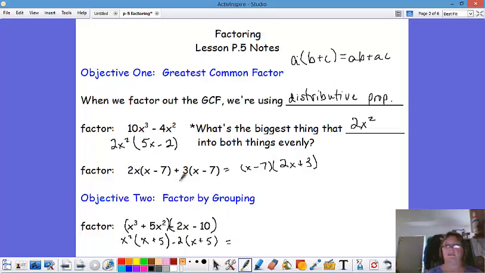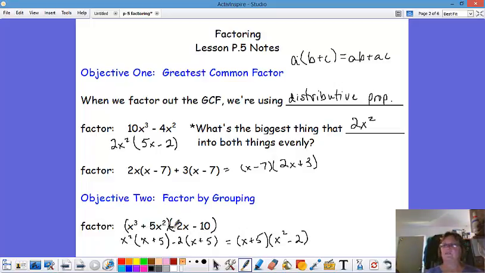This problem is now exactly like the last one. X plus 5 can come out to the front, and what would be left over is an x squared from up here and a minus 2 from here. So we factored that thing by grouping.